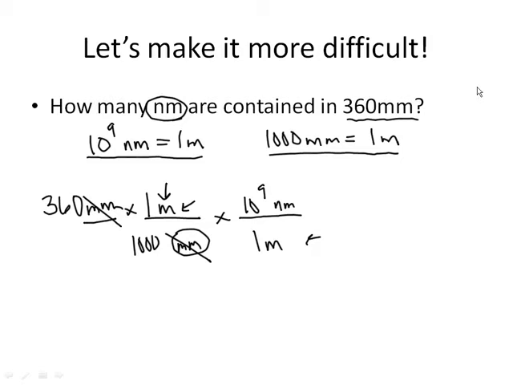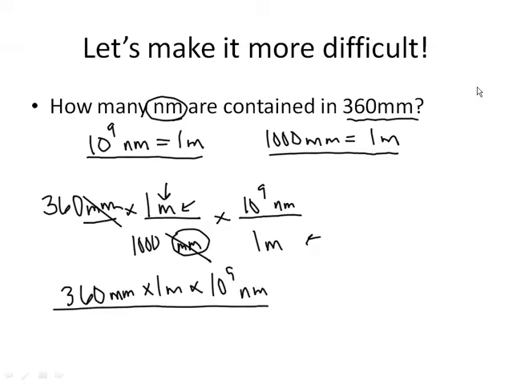So my total math here, 360 millimeters times 1 meter times 10 to the 9th nanometers, all divided by 1,000 millimeters times 1 meter. So what cancels? Millimeters cancel out, and meters cancel out. And actually, those ones cancel as well, but we're not super concerned about that.